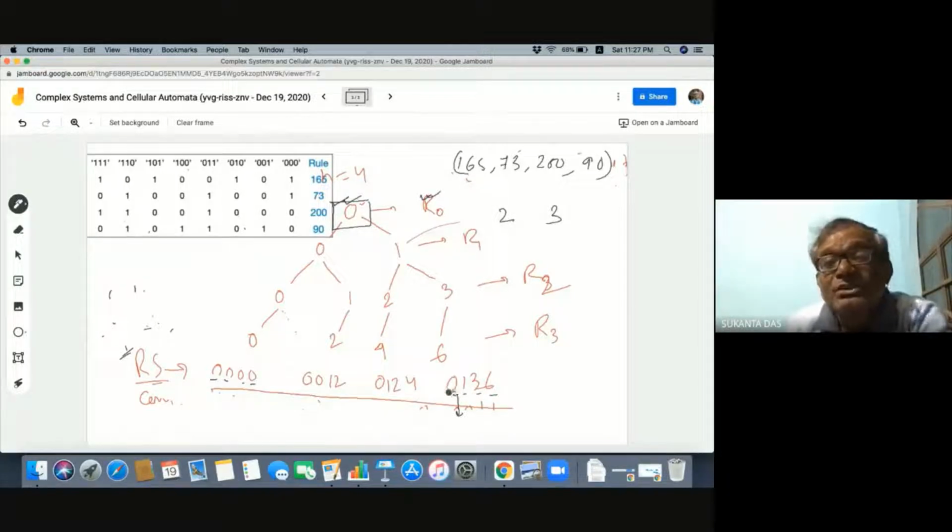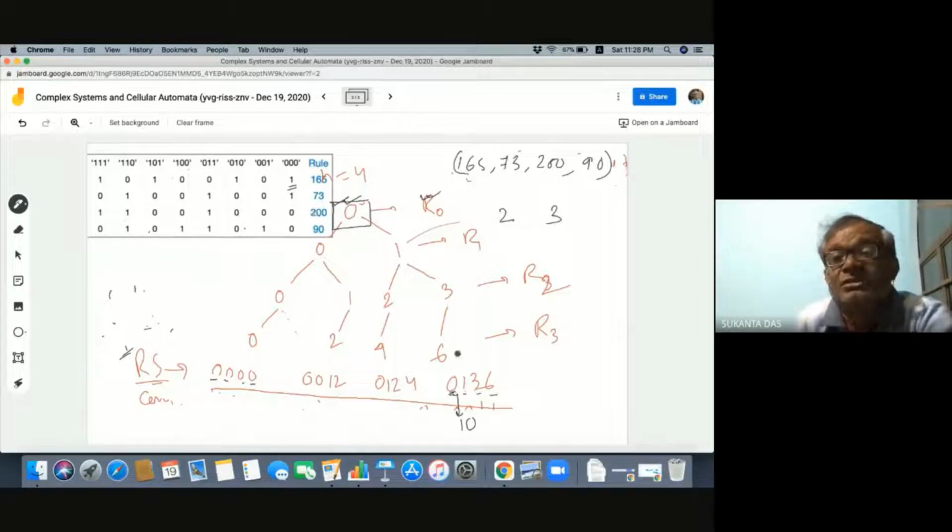How can we do it? It's RMT 0. I go to rule number 165, RMT 0, and here the output is 1. So I write 1. Next is RMT 1 of rule 73; here the output is 0, so you write 0.